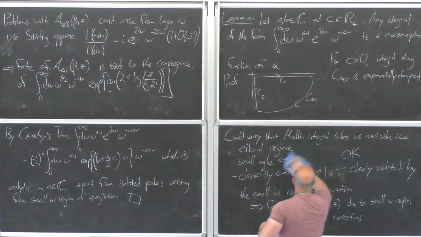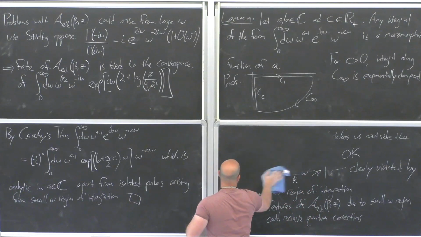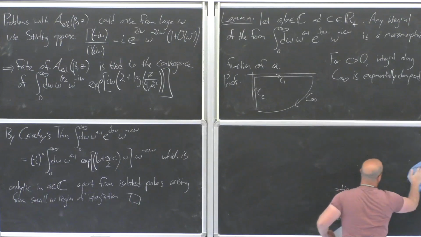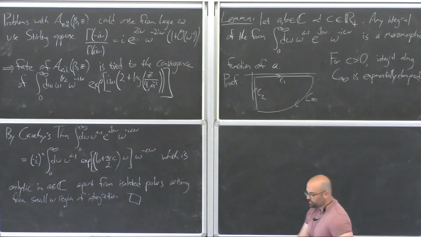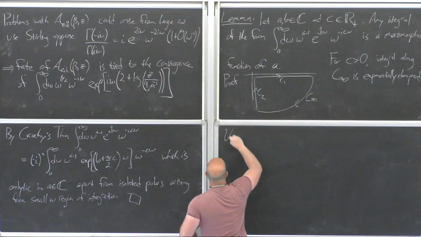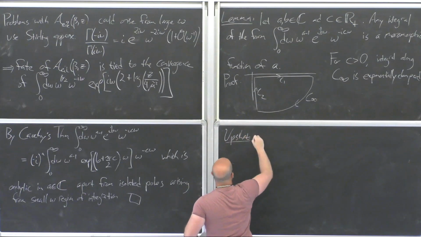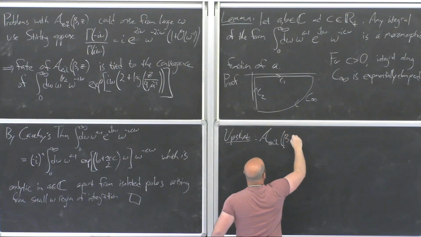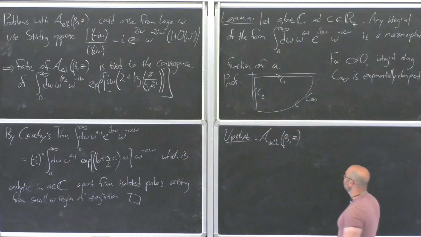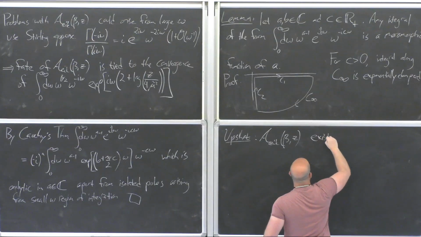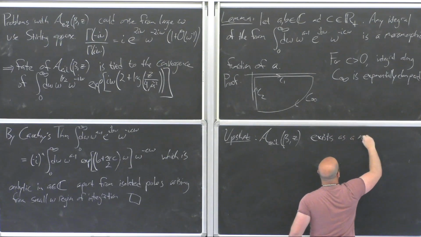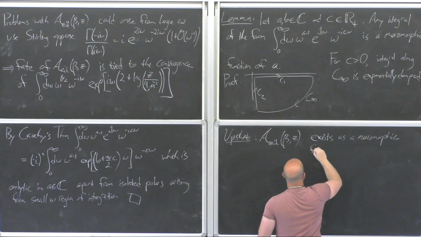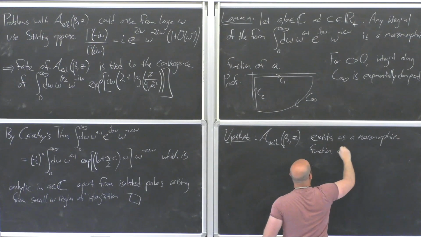So the upshot is that this eikonal celestial amplitude exists as a meromorphic function of beta.